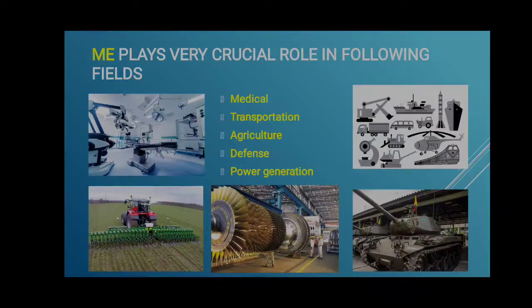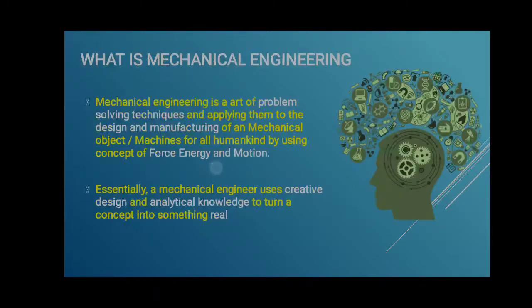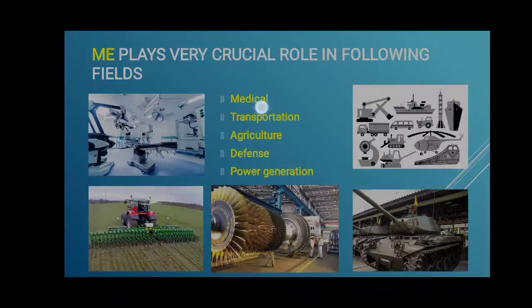So what are the areas where mechanical engineering is playing a crucial role? First is the medical field, where you can find a lot of applications. You can see the image here: a bed with a hydraulic lifting device, a robotic arm to provide operating devices, then fans, lighting, and detecting and scanning devices.